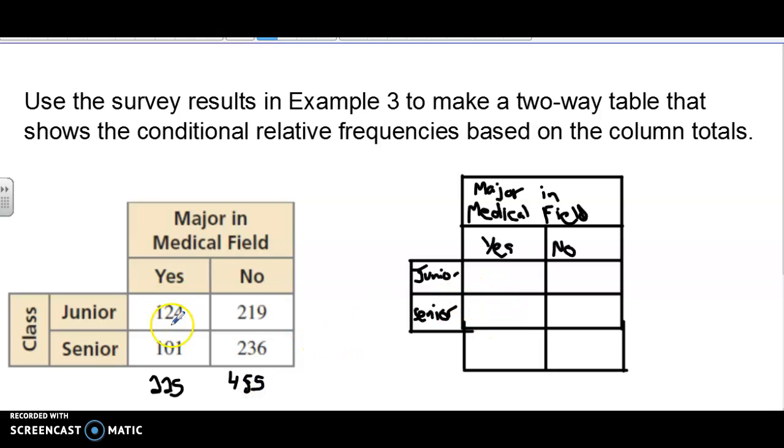Now what we're going to do is divide each one of these based off of their column total. So we're going to do 124 divided by 225, and then 101 divided by 225.